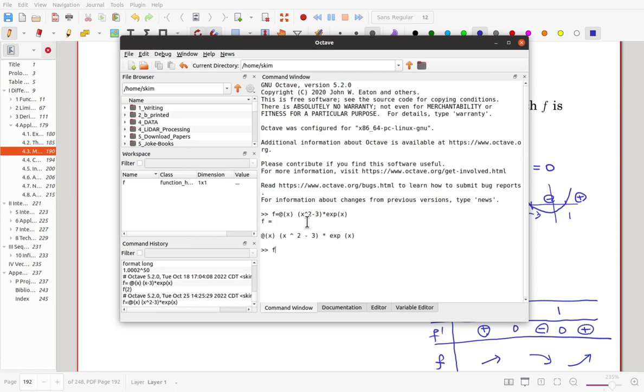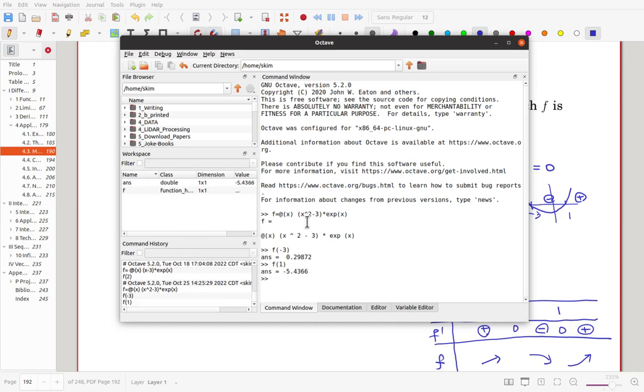Okay, so f of minus 3 and f of 1. So one is about 0.3, one is about minus 5.4.